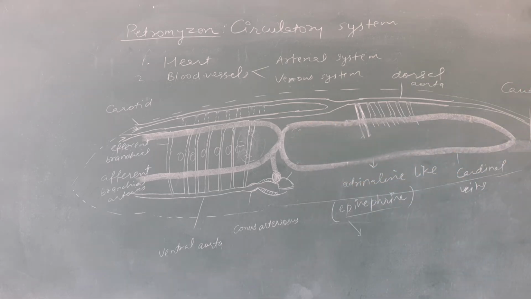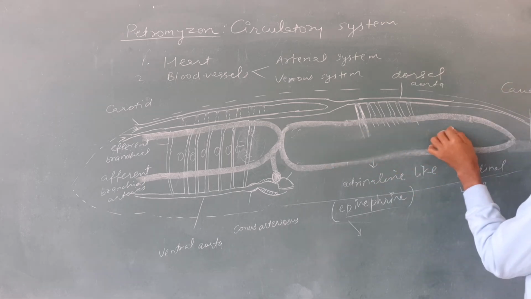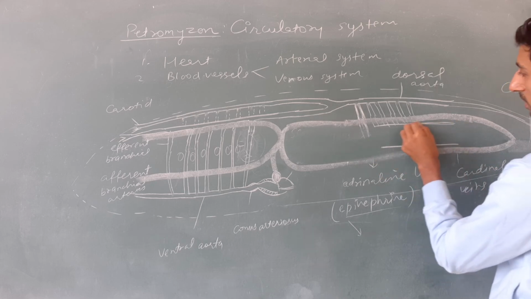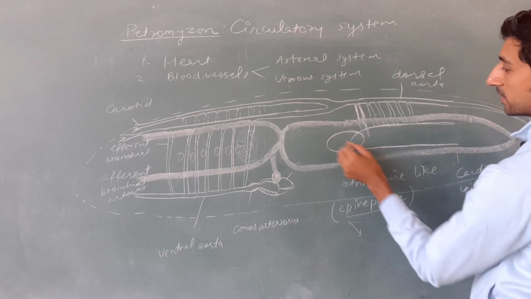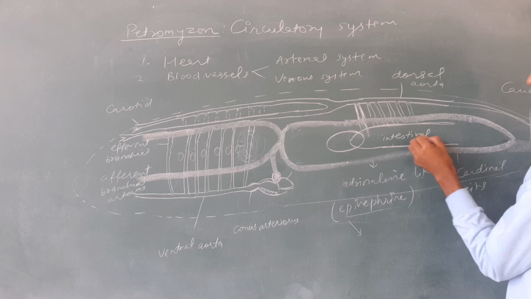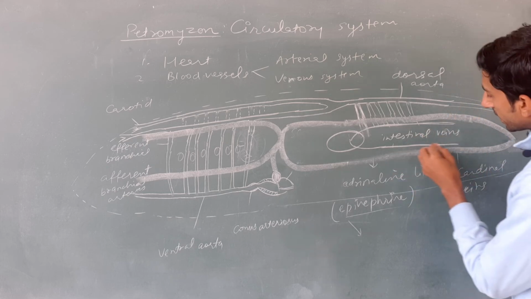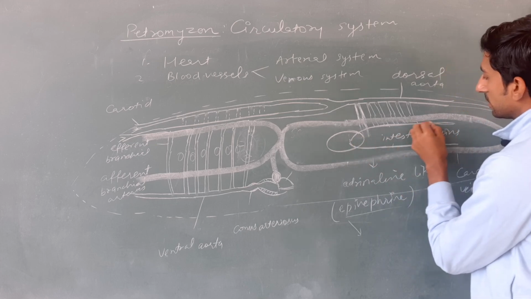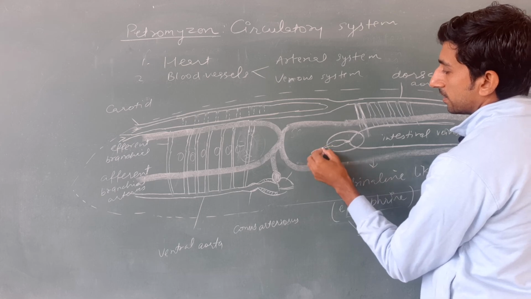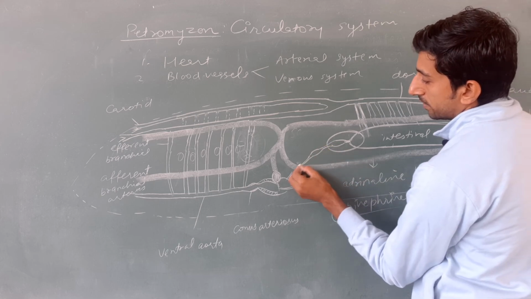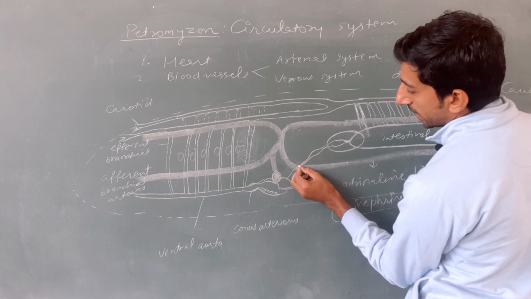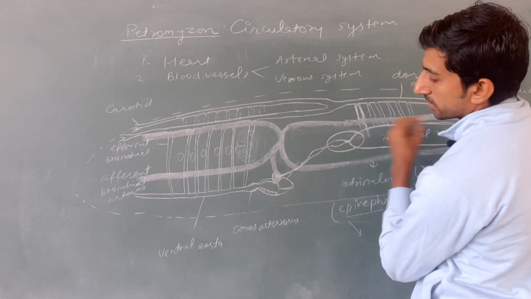The veins which are collecting blood from the gut or intestine, these are intestinal veins, they join into the liver, form capillary network and leave from the liver in the form of hepatic portal vein, and that hepatic portal vein also joins sinus venosus.